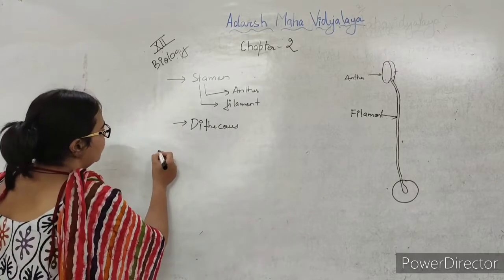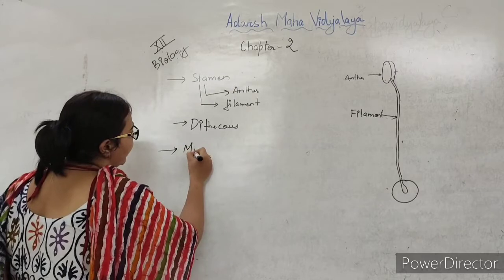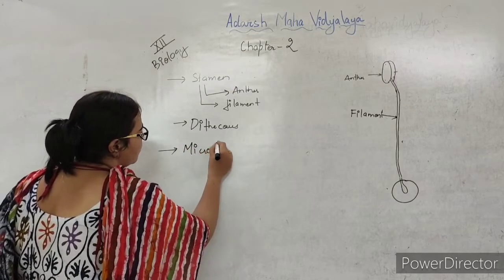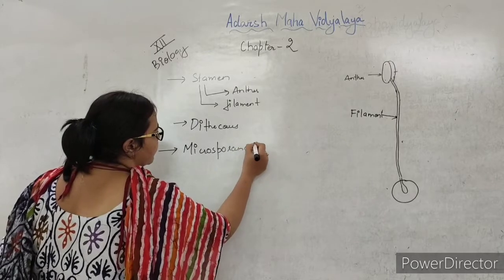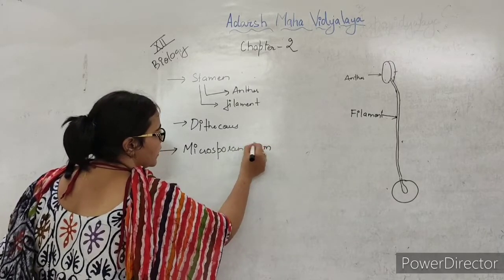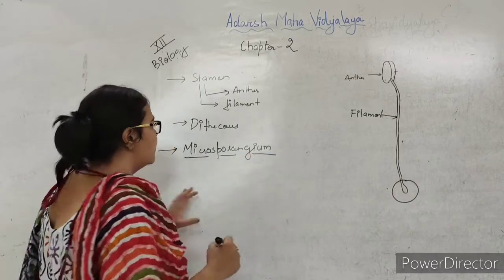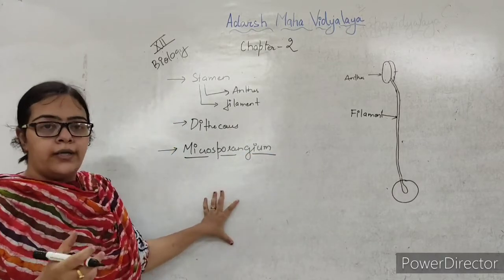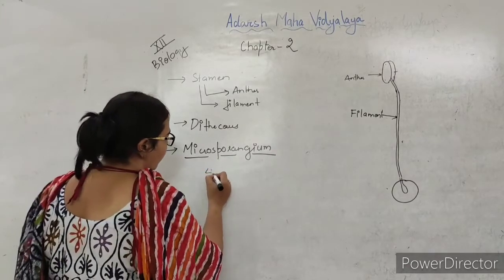Now when we talk about the structure of microsporangia, or sporangium for singular, it consists of various wall layers. Generally it consists of 4 wall layers.